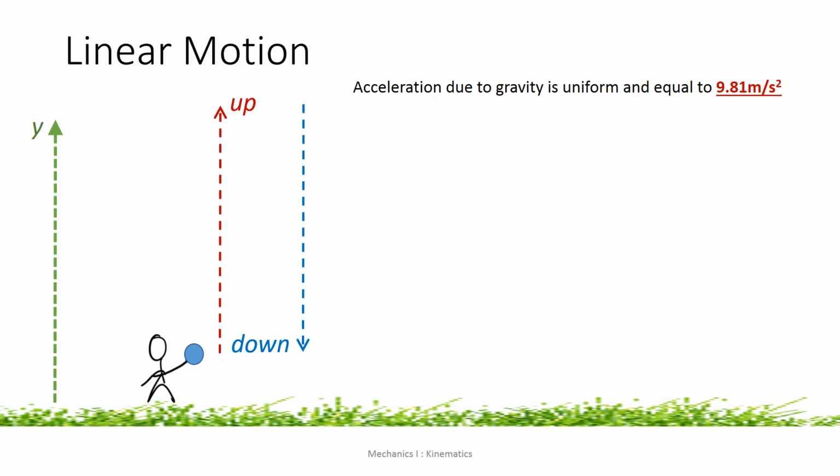The upwards direction is considered as negative and the downwards is considered to be positive. Again, you need not memorize this information, but rather you need to understand why. So basically, there are two stages: the upward direction, which is the first stage, and the downwards.